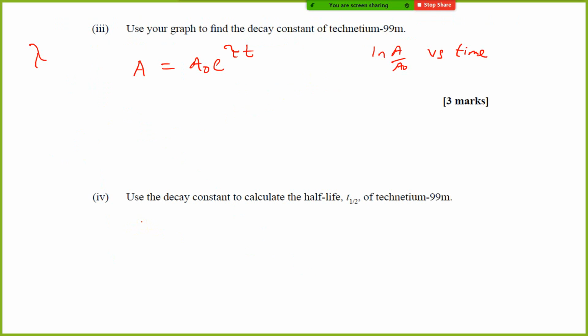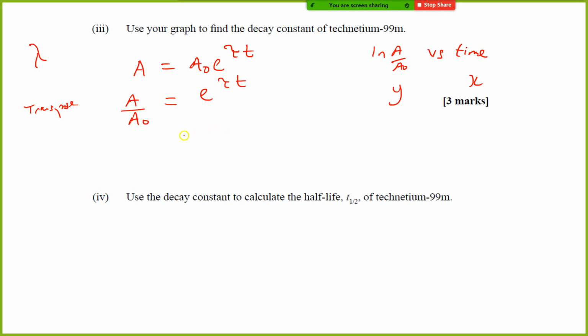So we want to find the decay constant. But one of the things we must do is be able to see my y variable and my x variable in this equation. In order for me to see that, I'm going to transpose. The first thing I'm going to do is have A upon A naught equal to e to the decay constant times the time.